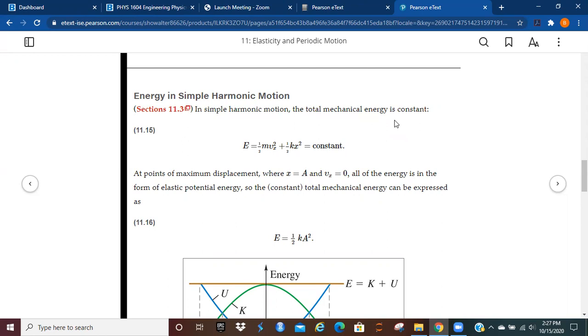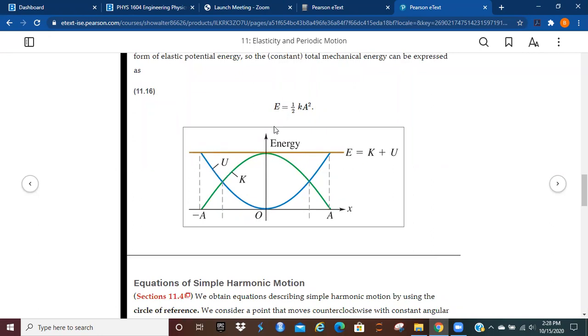At points of maximum displacement, where x is equal to A and Vx is equal to 0, all of the energy is in the form of elastic potential energy. So the constant total mechanical energy can be expressed as E equals 1/2 k A squared, where A simply takes the place of the x.